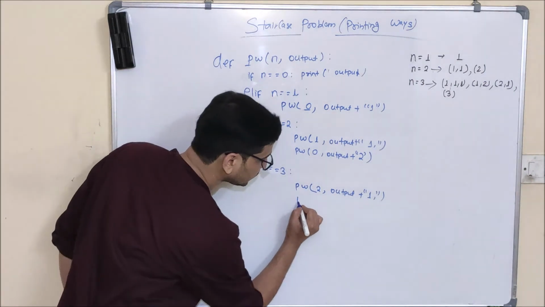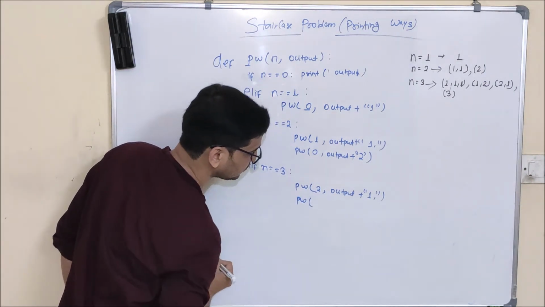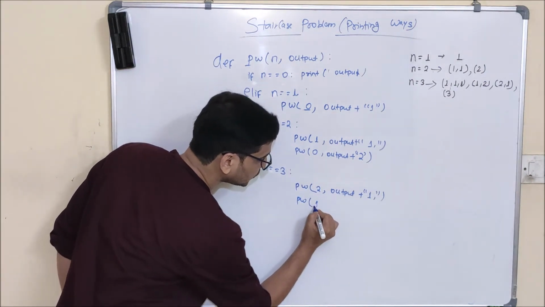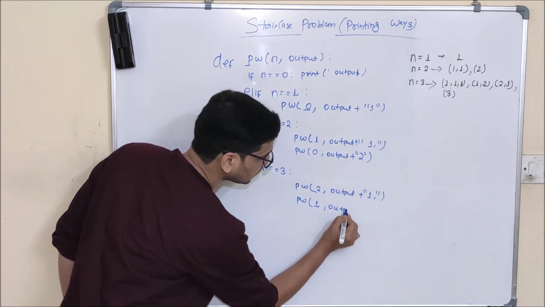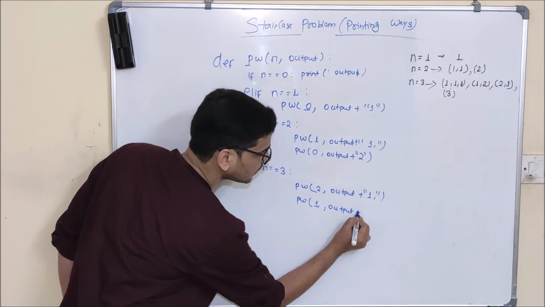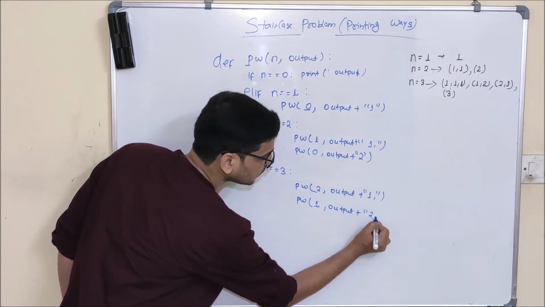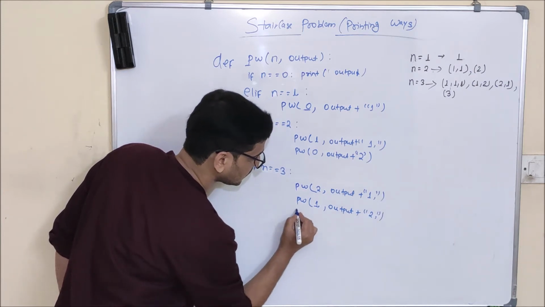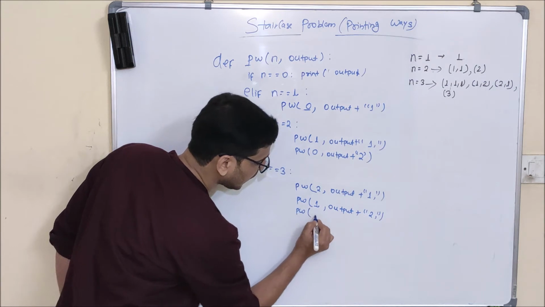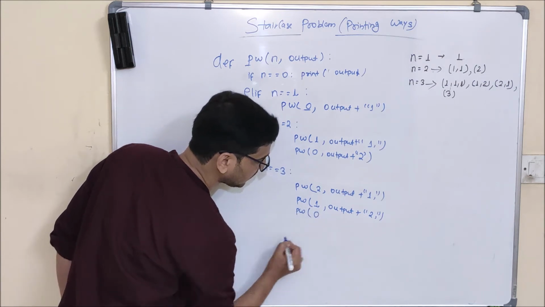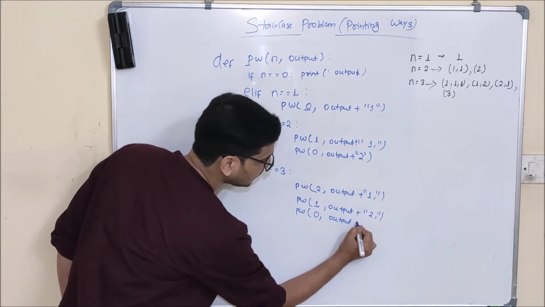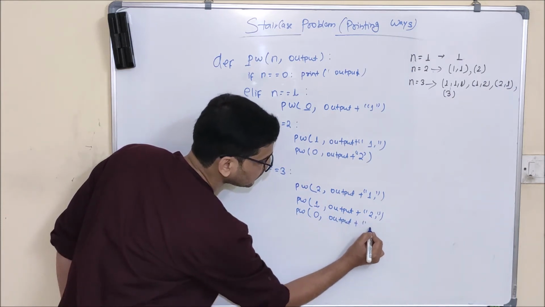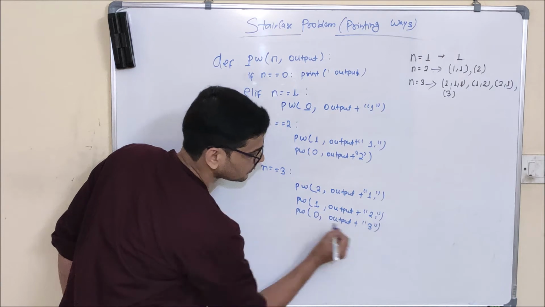The next option is a 2-step jump, so the steps remaining to climb will be 1, and in output I append that I have taken a 2-step jump. The last one is a 3-step jump, the steps remaining to climb will be 0, and in output I append that I have taken a 3-step jump.